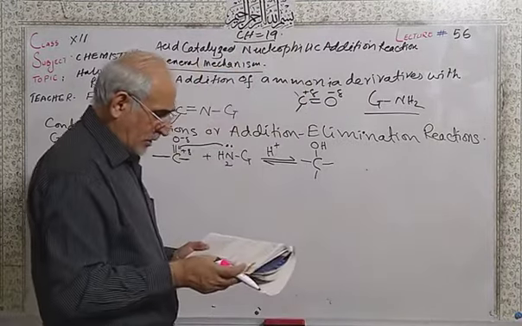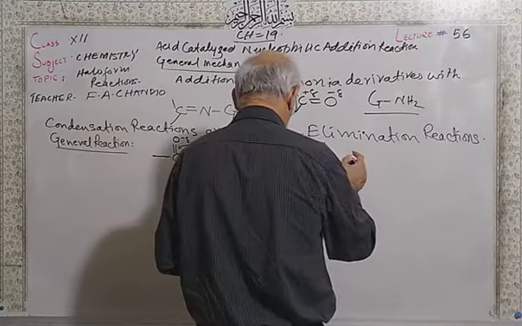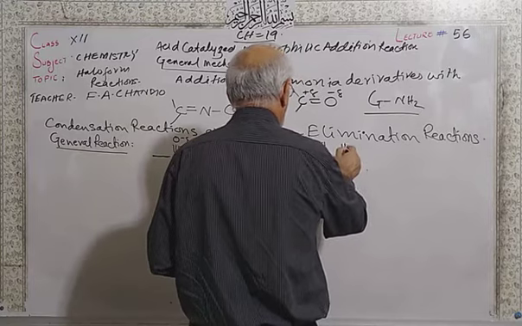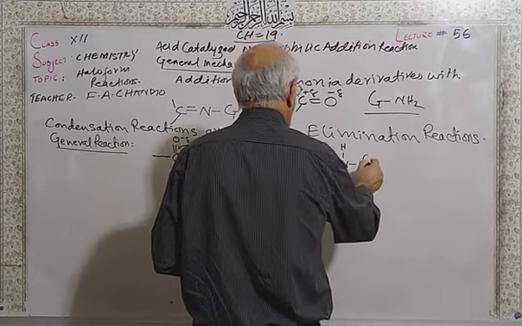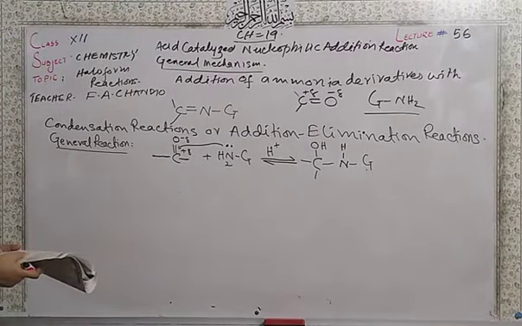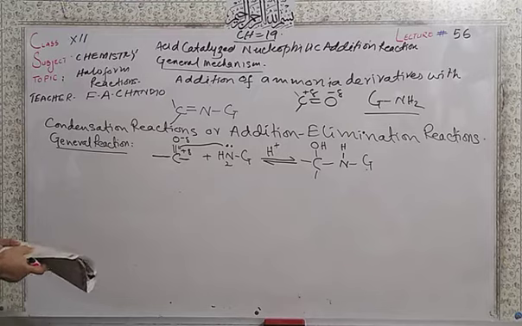So what happens? This is the group, and this is an intermediate product. This is where the addition takes place.